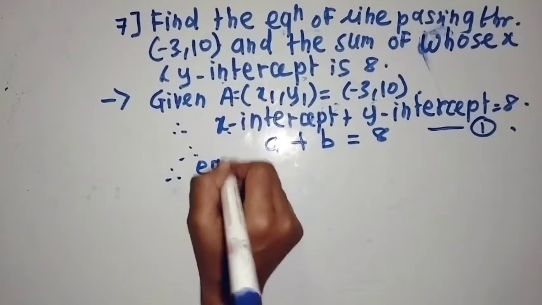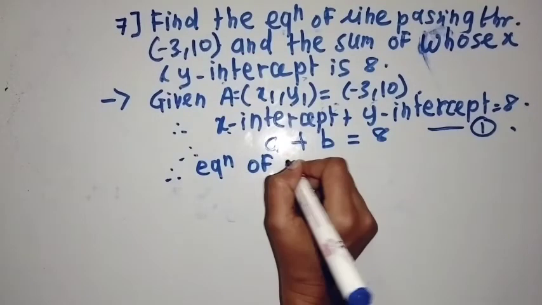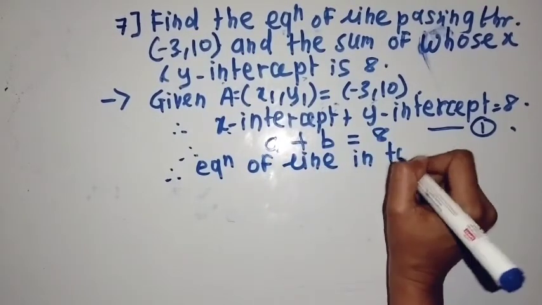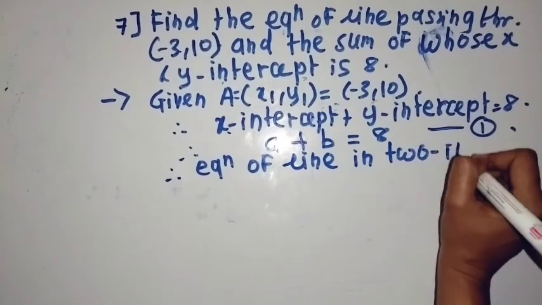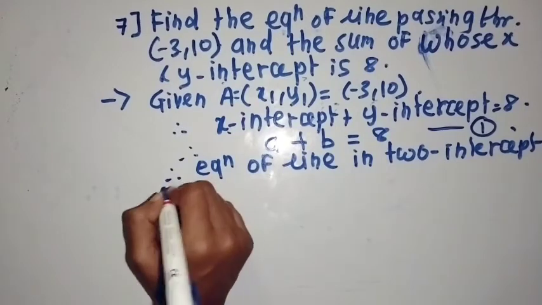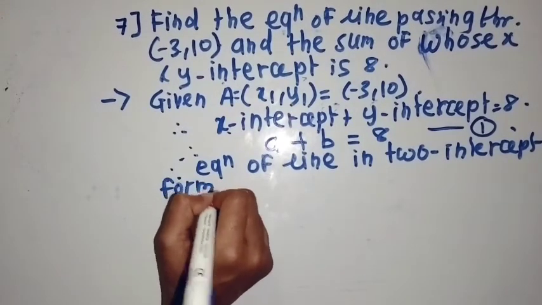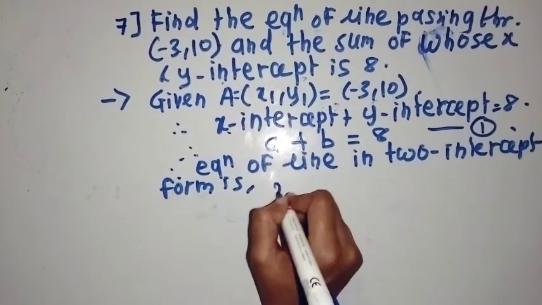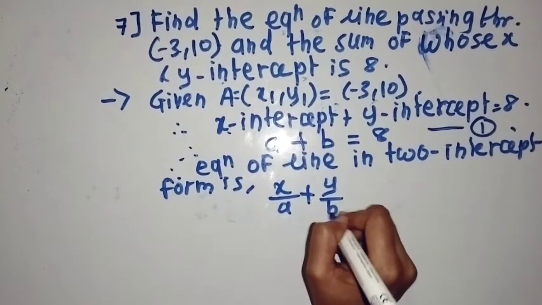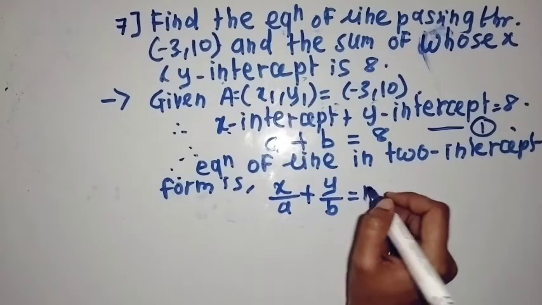Then the equation of the line in two intercept form is x upon a plus y upon b is equal to 1.